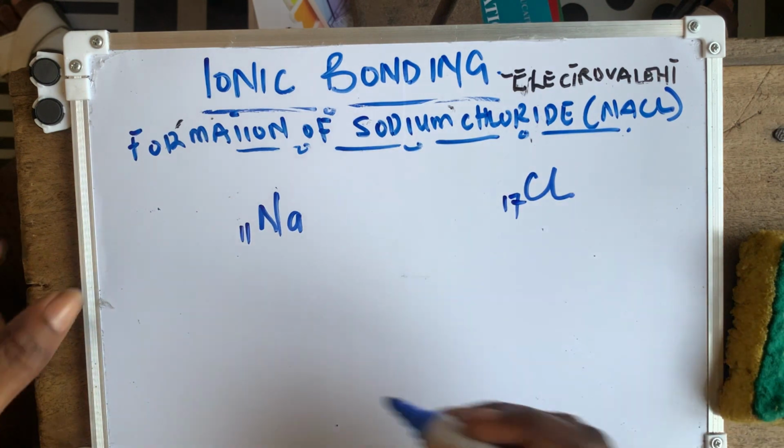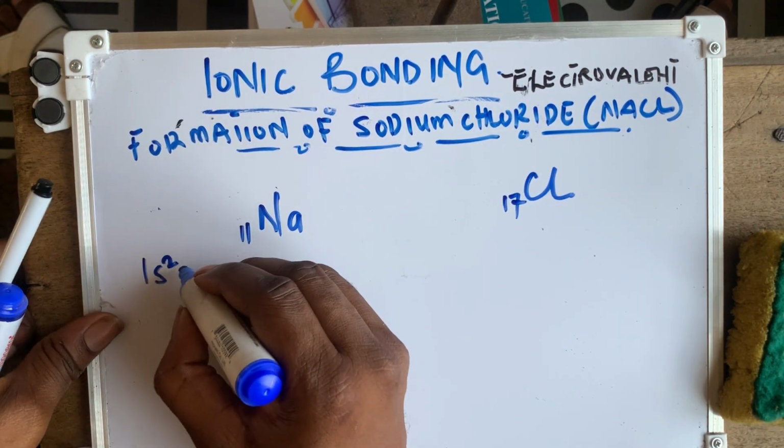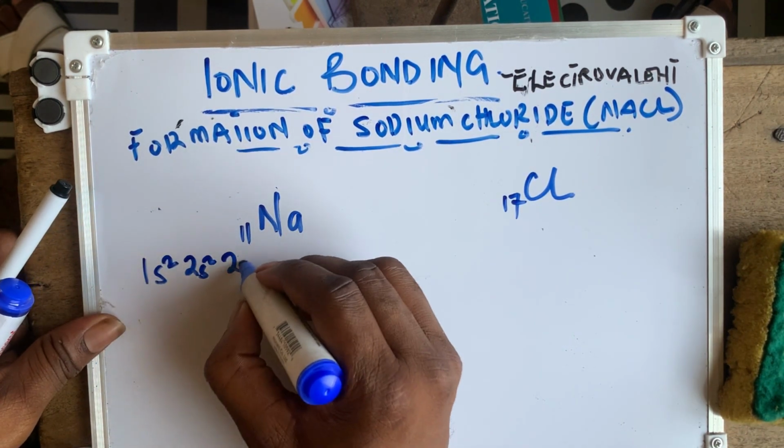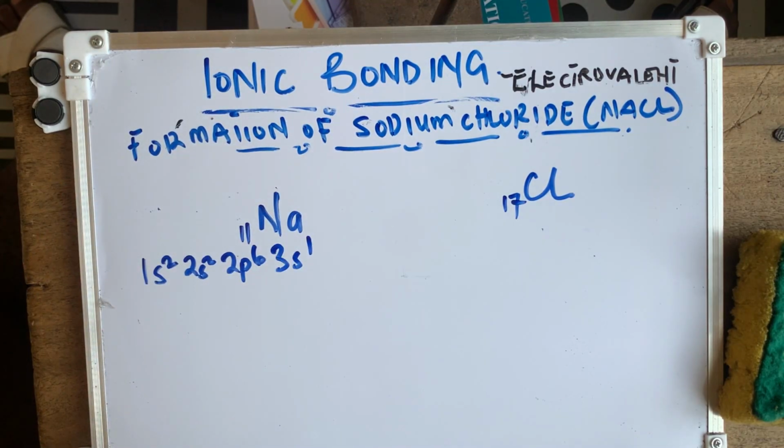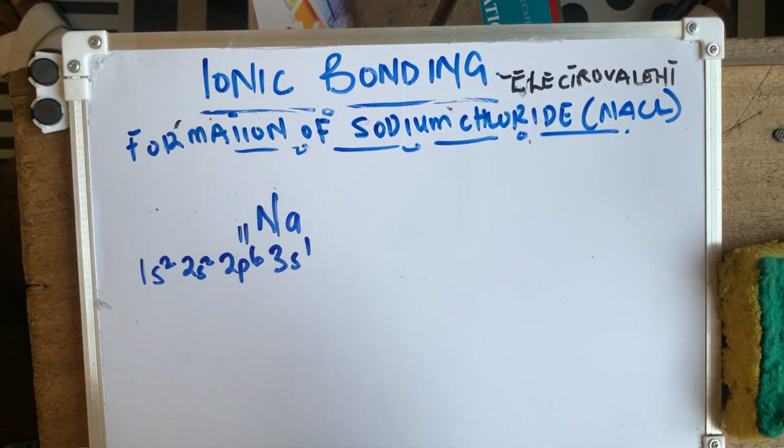If you write the electronic configuration, sodium is 1s2, 2s2, 2p6, 3s1. This is for sodium. Let me use the black marker for chlorine.